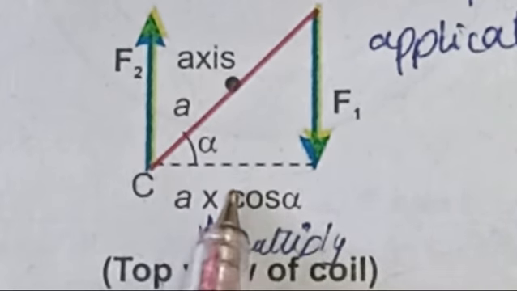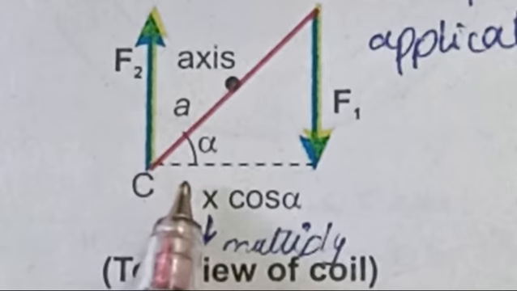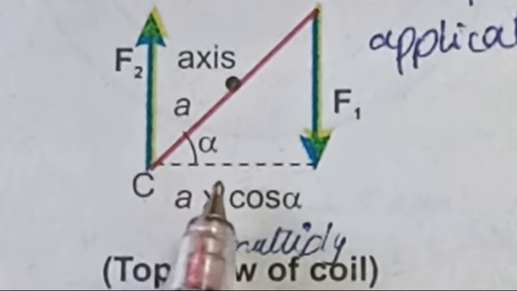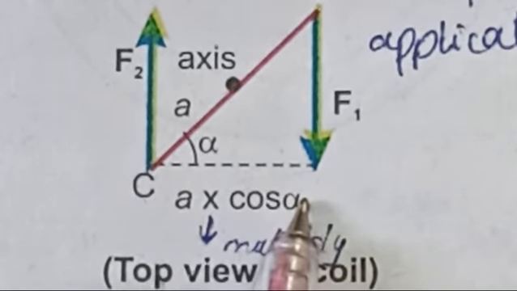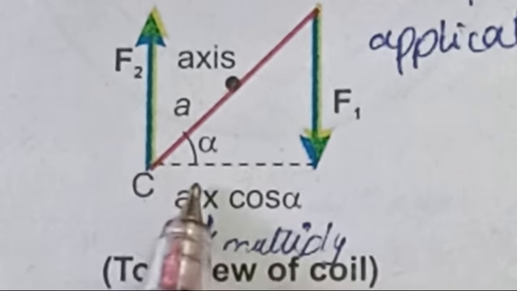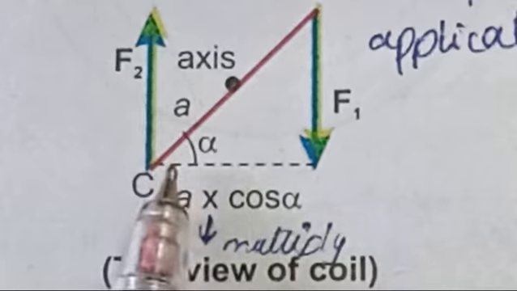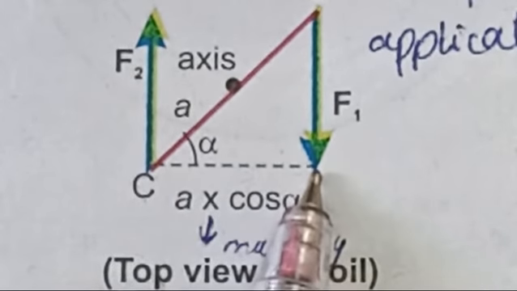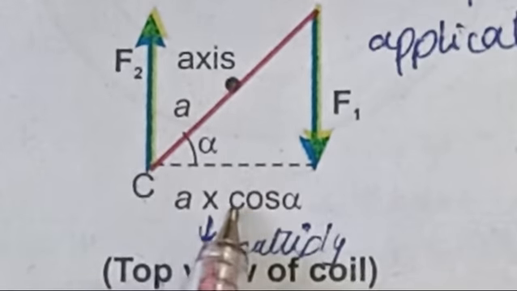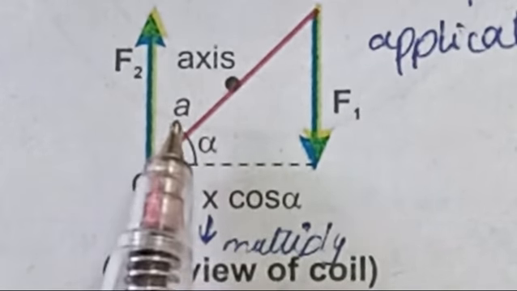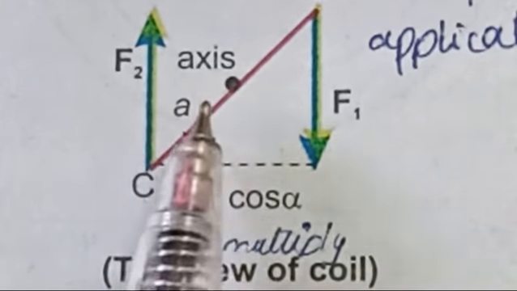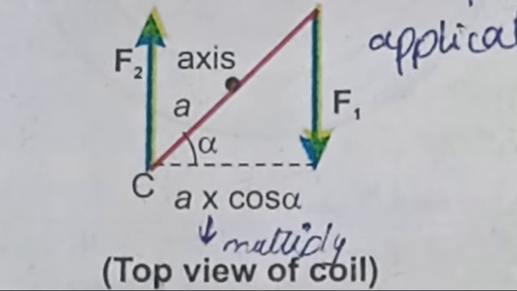Okay, so torque is written as, now tau is equal to ILB A cos alpha. So this is the other case when the top view is making some angle along field lines. So in this case, now this A is the length of the side and its projection on horizontal is A cos alpha.